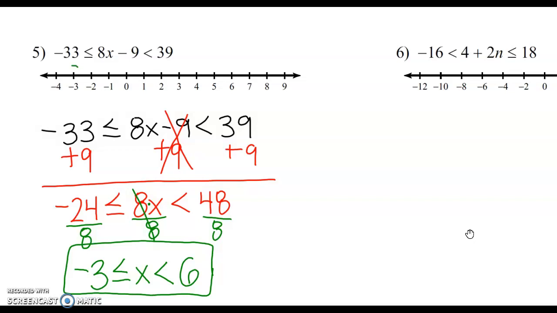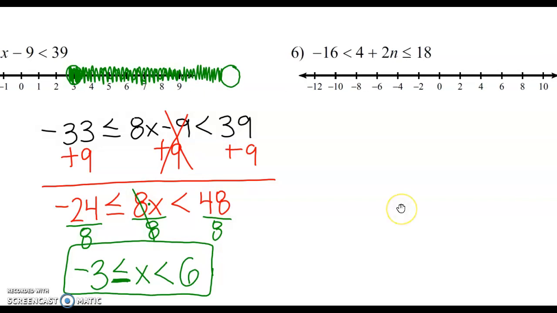So I go to -3, I put my dot, I fill it in because it's also equal to. I want the numbers greater than -3 and at the same time less than 6. So when I run into 6, I have to head back the other direction. So again, notice -3 is filled in because of the equal sign, and 6 is not because it does not have it.